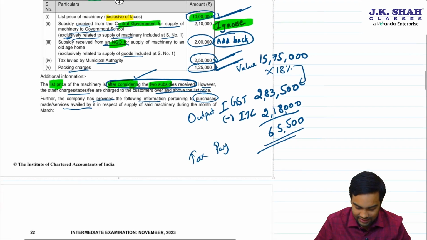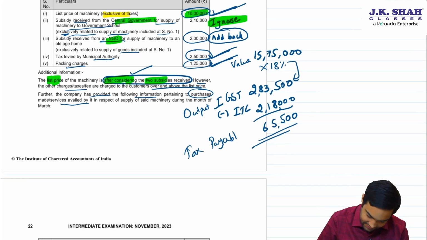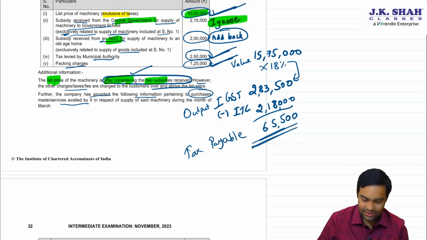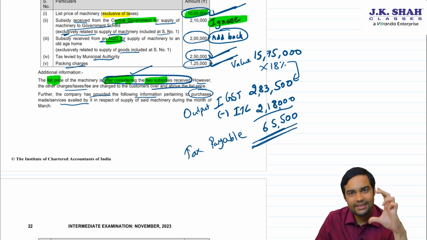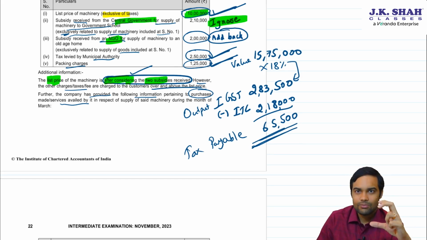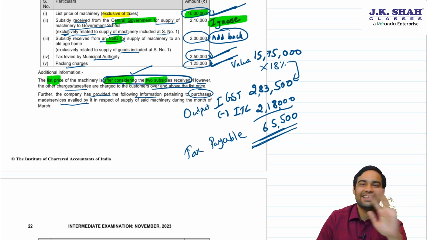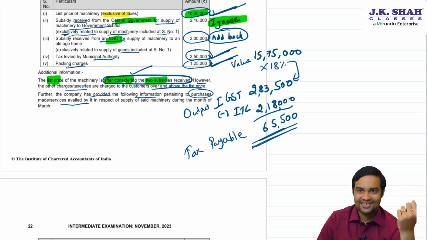So the answer will be 65,500. Present the output, present the input, write the corresponding notes, and give an answer for output minus ITC. That's how the answer would end. There's no need to do CSI in this case, because they've said all the transactions are interstate. So we can just have one column of IGST. Yes?